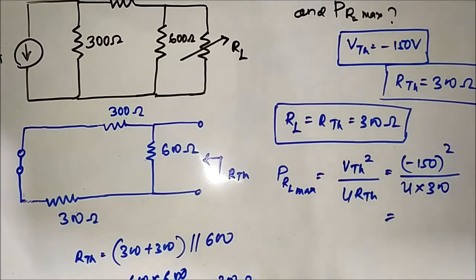That is, let us calculate. Okay, minus 150 square divided by 4 into 300. Okay.